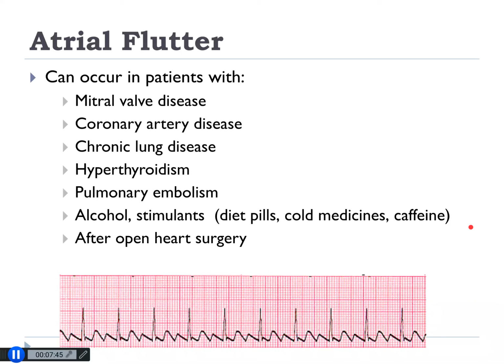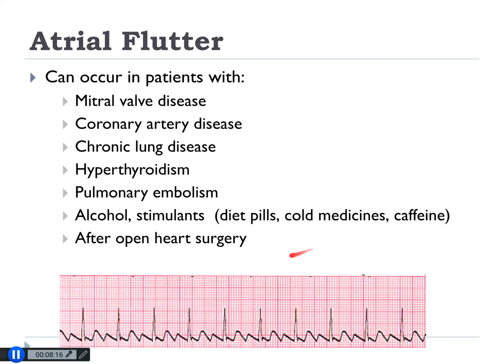So atrial flutter can occur in patients who have mitral valve disease, CAD, coronary artery disease, chronic lung disease. Hyperthyroidism can cause it, pulmonary embolism, alcohol and stimulants, diet pills, cold medicines, caffeine, etc. The most common place that I see it is perioperatively, so either right before or right after surgery.